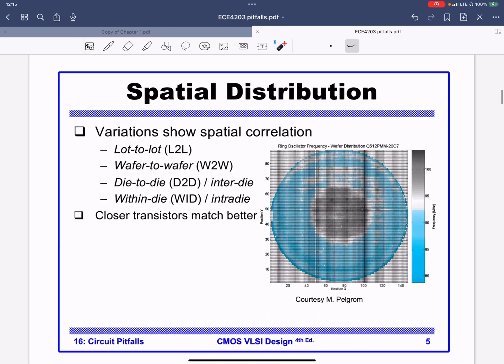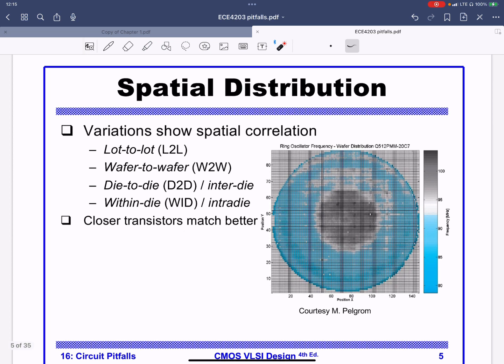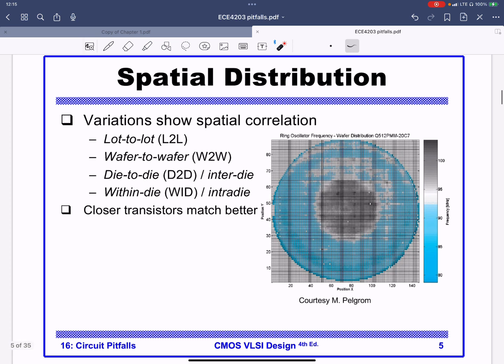Okay, so these all show themselves in various ways. This is a plot of a wafer and the variation in the performance of a ring oscillator across the wafer. The ring oscillator basically represents how fast the devices are running. I'll be talking about that in a little bit.